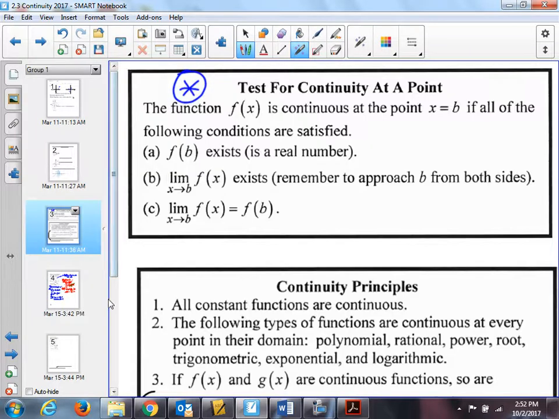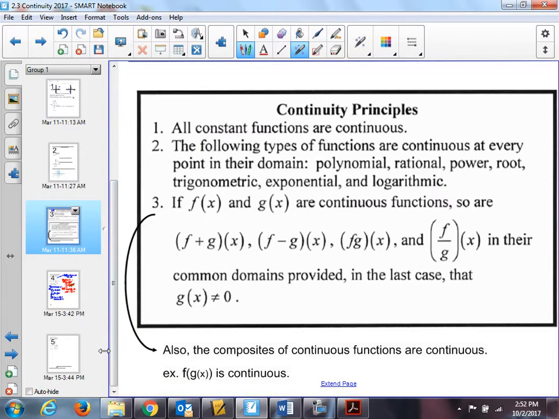Continuity principles. All constant functions are continuous. Does that make sense? What's a constant function example? A polynomial is not a constant function. Well, no, there's one specific. x equals 5, or y equals 5 is a constant function.